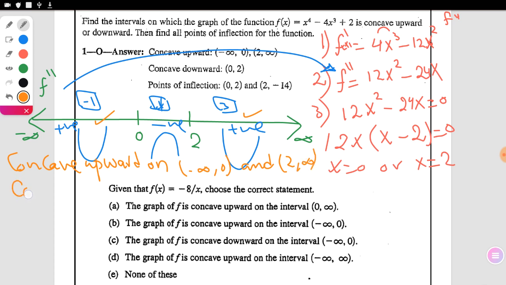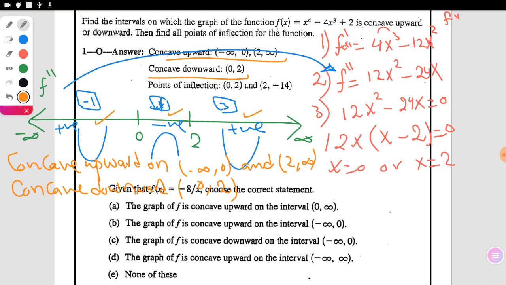Concave downward on 0 and 2. I hope it is clear. As given, concave upward on these intervals and concave downward on this one.